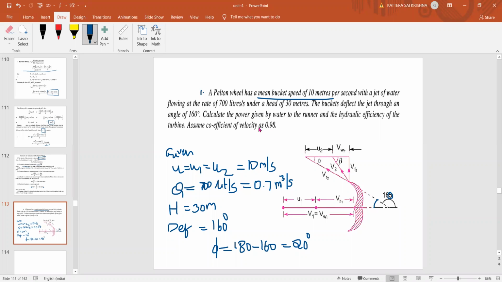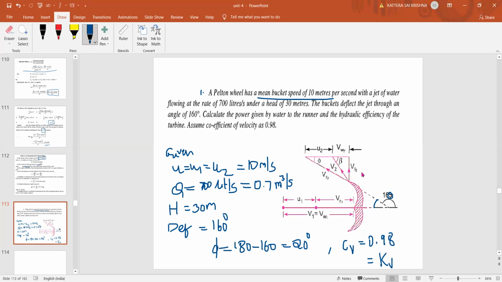Next, he is asking to calculate the power given by water to the runner and the hydraulic efficiency of the turbine. He has given the coefficient of velocity CV equal to 0.98. In some questions, he will give this as KV, which is also called the coefficient of velocity.